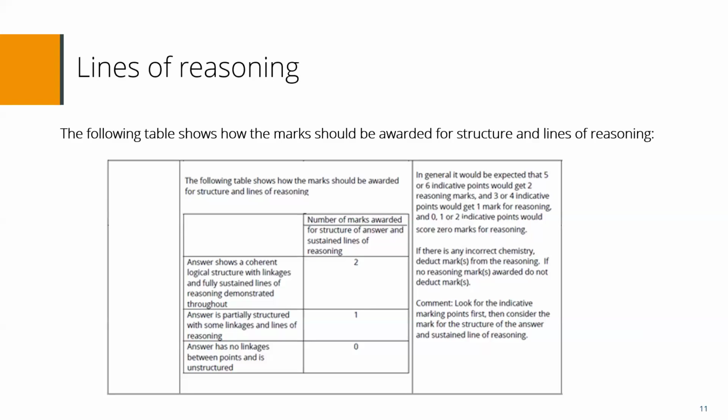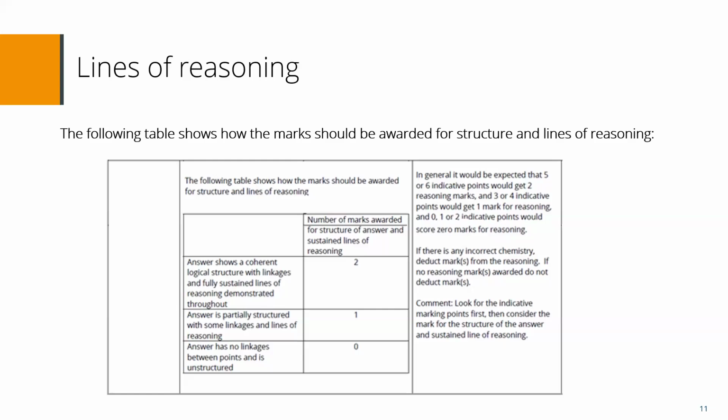Well, they come from what we call lines of reasoning. And you'll see, if you look at the middle column there, the number of marks awarded for structure of answer and sustained lines of reasoning. To get the other 2 marks, the answer shows a coherent logical structure with linkages and fully sustained lines of reasoning demonstrated throughout.